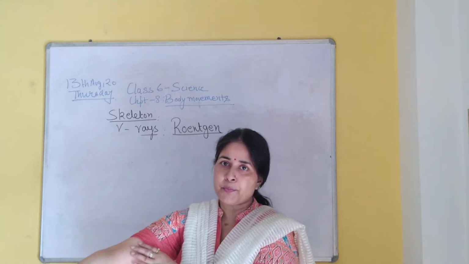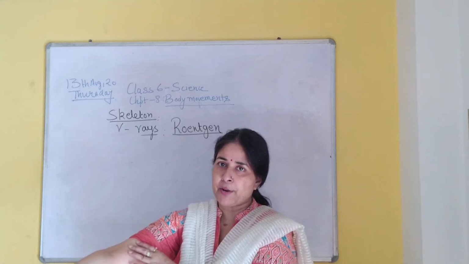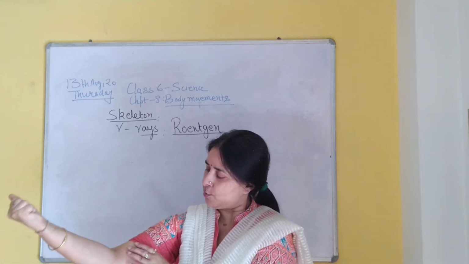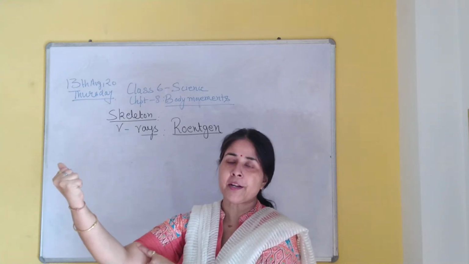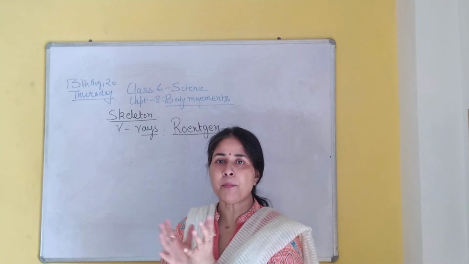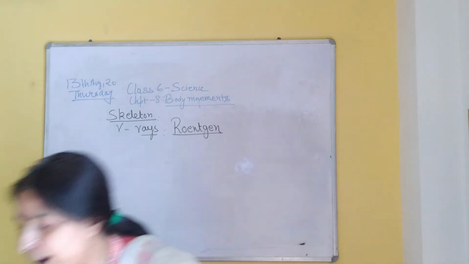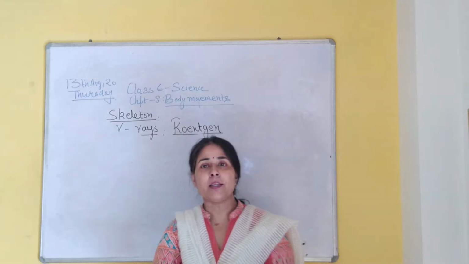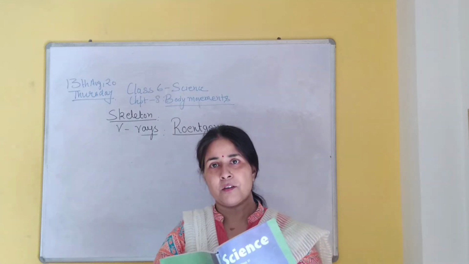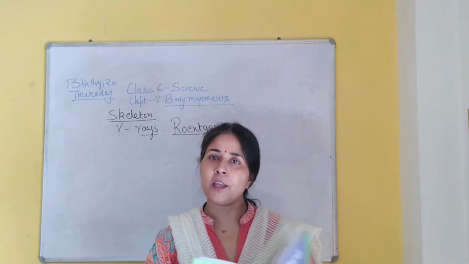Again you just make a fist, press it hard, and then you just do it like this. You will see that this portion, if you feel it, has swelled up and it has become hard. So what is this portion? These are the muscles which are joined with the bones.